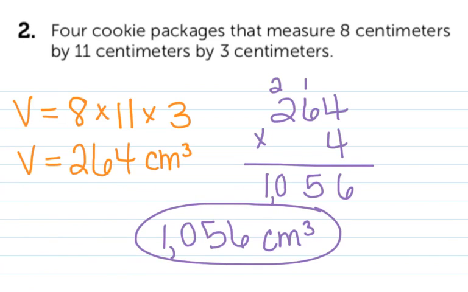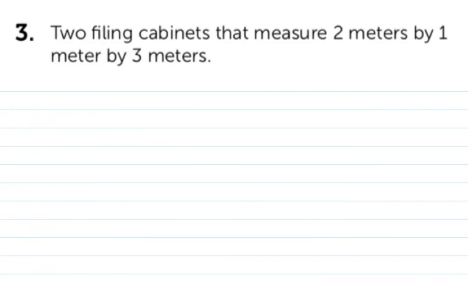So that would be the total volume for 4 cookie packages, since one cookie package has a volume of 264 cubic centimeters.